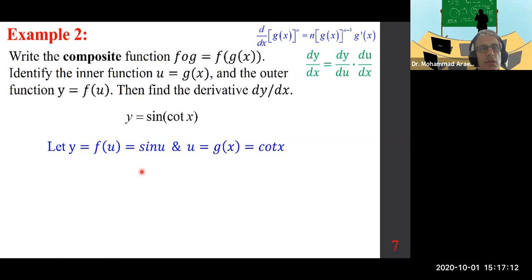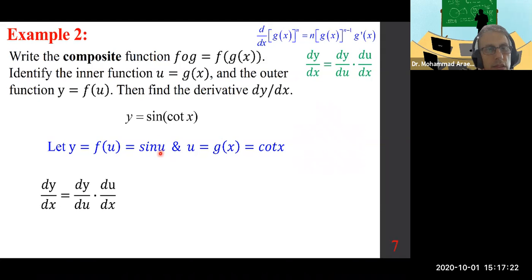Going through the process of dy/du: what is the derivative of sine? Cosine u. That's dy/du, that's done. Times du/dx, that means what is the derivative of cotangent? And that's negative cosecant squared.